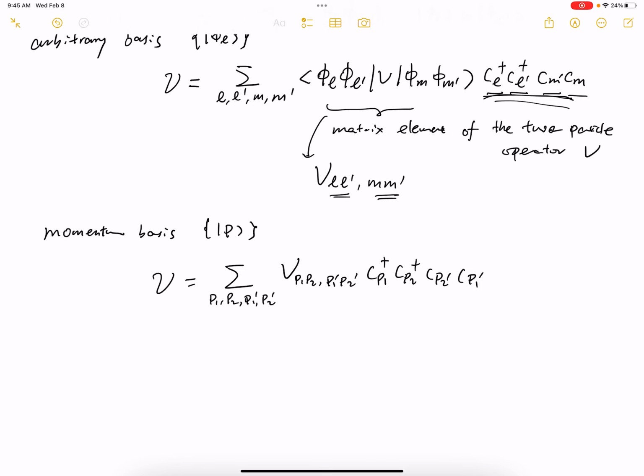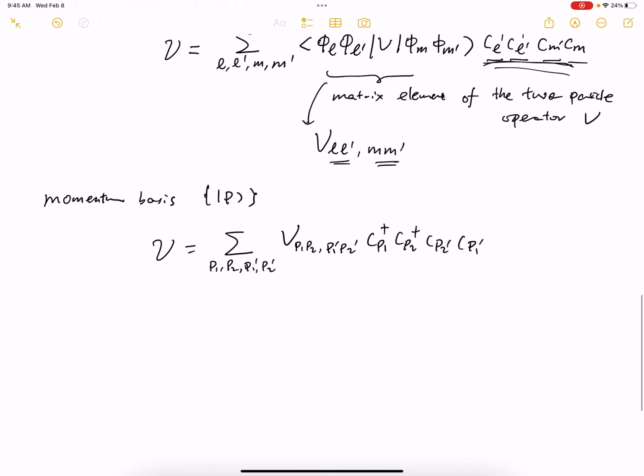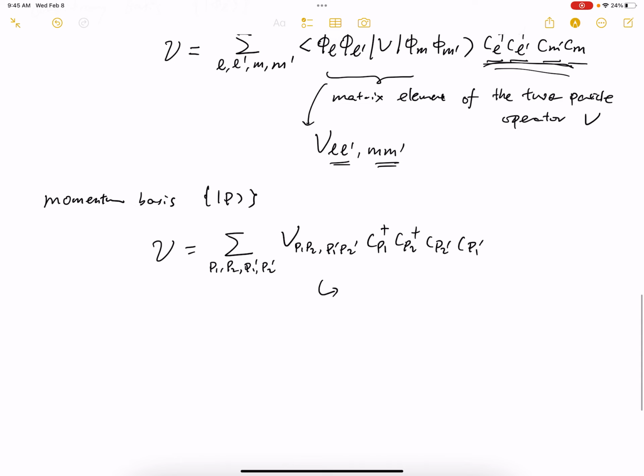This is a common basis because typically we want to talk about a system that is translationally invariant, which means momentum is a good quantum number, because translational invariance tells you that momentum is conserved. And because momentum is typically conserved, for example, the Coulomb interaction will conserve the total momentum of the particles, this sum can be further reduced, because we need momentum conservation.